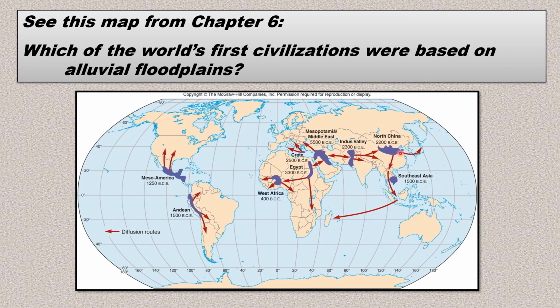Indeed, the confluence of the Huanghe and Wei rivers, an alluvial floodplain, good for agriculture, could support a large population. In Southeast Asia, the Mekong River Delta. And so you see that the world's oldest civilizations are based on river valley floodplains. So it's an important topic, and it has some importance for humanity.